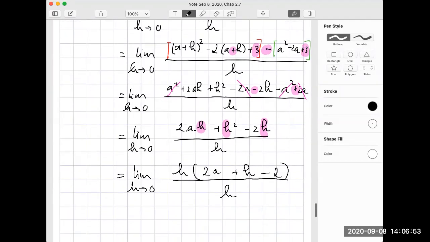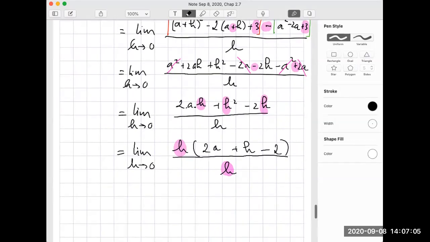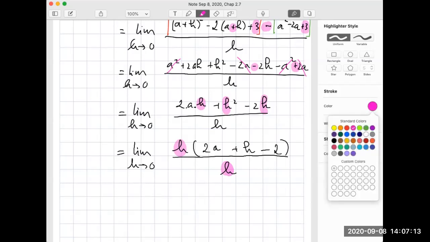Then we see that the numerator, there's the terms of h, and the denominator also have this term. Therefore, they cancel each other, okay? Then when h approaches 0, this function is continuous at 0.